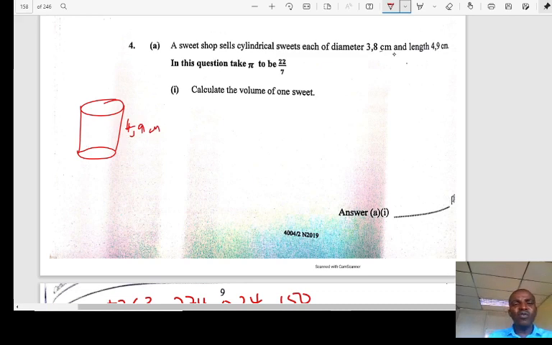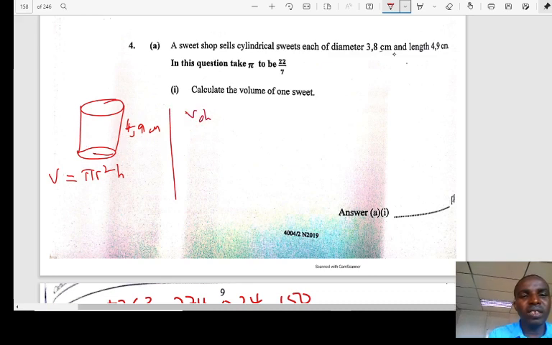Volume of any shape basically is cross-sectional area or base area times height. So the base of a cylinder is a circle. So the volume of a cylinder is pi r squared times height or length. Then volume here equals 22 over 7 times our radius.